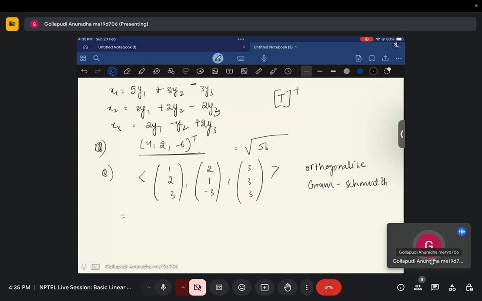Okay, so the calculation will go lengthy, I think. So if you have this, you will start with this one. So k2 you will find as 2, 1, minus 3, minus 3, and with respect to the first one you will remove it.